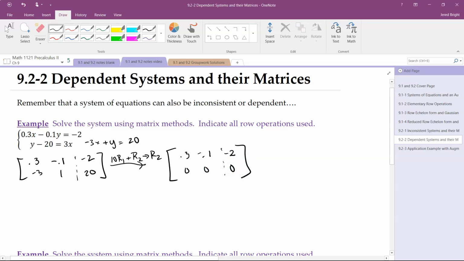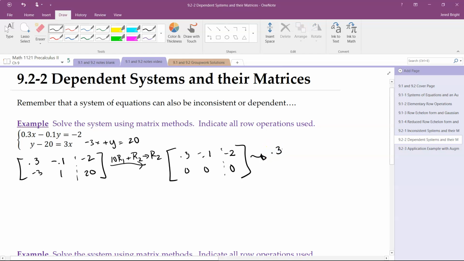Okay, so in terms of using anything further here, it's not going to be useful. I can't do reduced echelon form, for example. So all I have to do here is translate this back into an equation, so do back substitution.